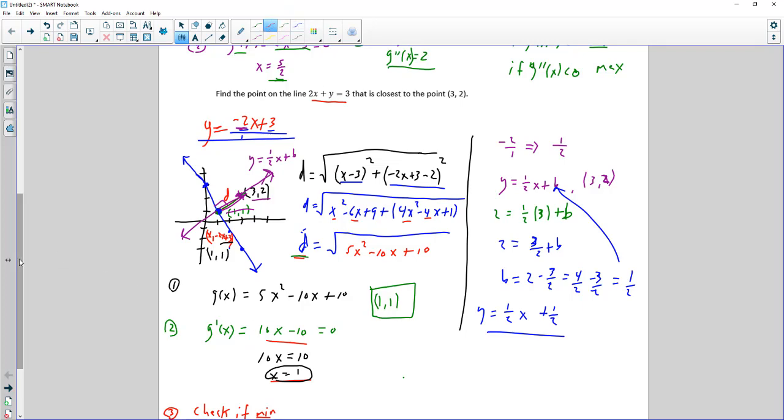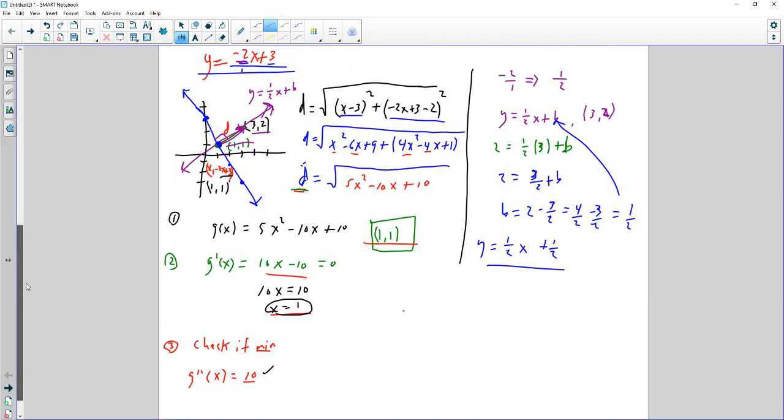And what should happen, if this is done correctly, is I should get the answer 1, 1. So let's make sure that's correct. I have -2x plus 3 equal to 1/2 x plus 1/2.